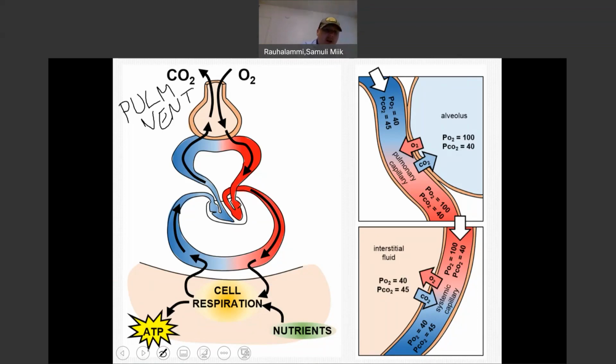The phase of pulmonary ventilation refers to the exchange of air between the atmosphere and the lungs. And I've drawn the alveoli here. That's as far as we go in the pulmonary ventilation stage.